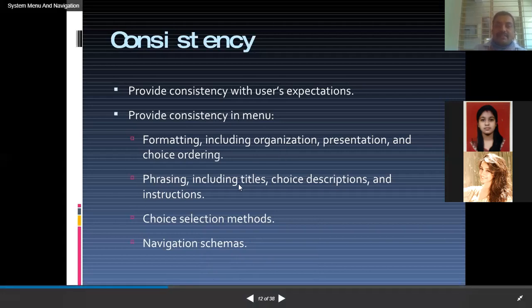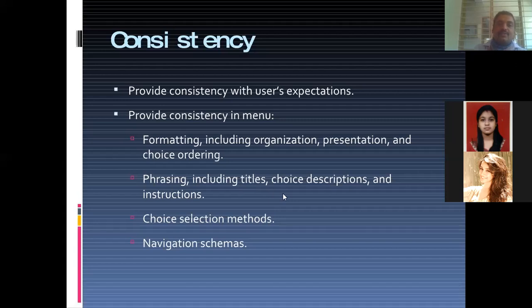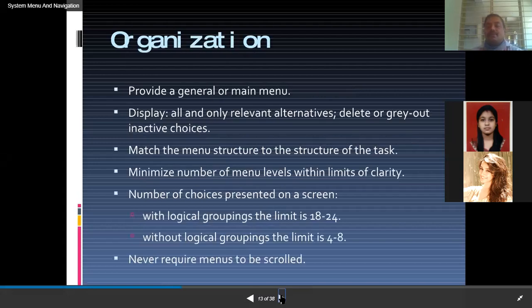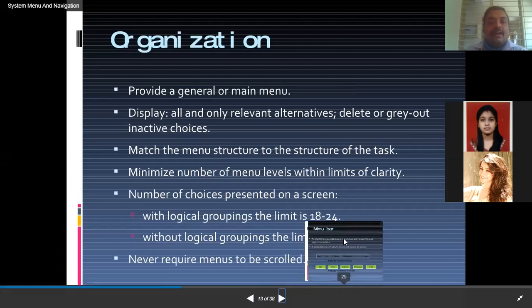Next, phrasing, including titles, choice descriptions, and instructions. There should be consistency in all these things. Next, the choice selection method also needs consistency, and navigation schemes also should be consistent. So this is all about consistency, and now we'll move to the organization.